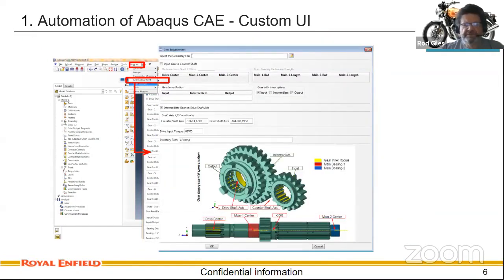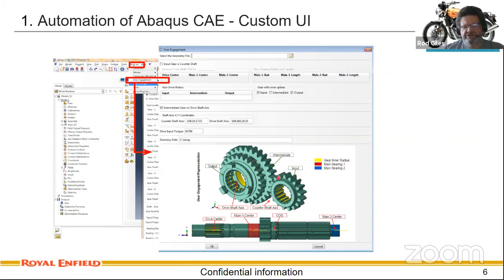The second dialog box that we have a custom UI for is a gear pair analysis. Although it's a gear pair, we actually have 3 gears. So we have the gear pair in contact in mesh themselves, and then there's a third gear that's in front of the larger gear behind it, and this gear actually drives the intermediate gear by a series of lugs, or called dogs in the UK, pushing against the openings in the other gear.